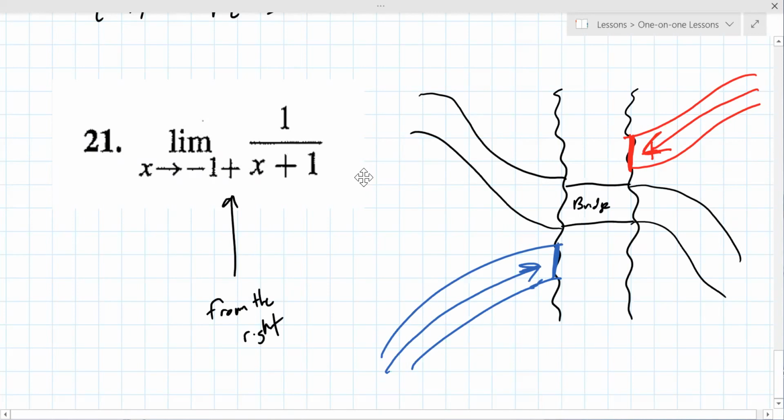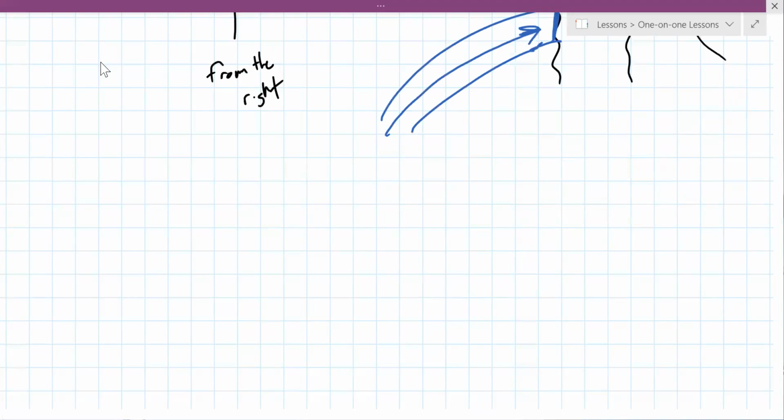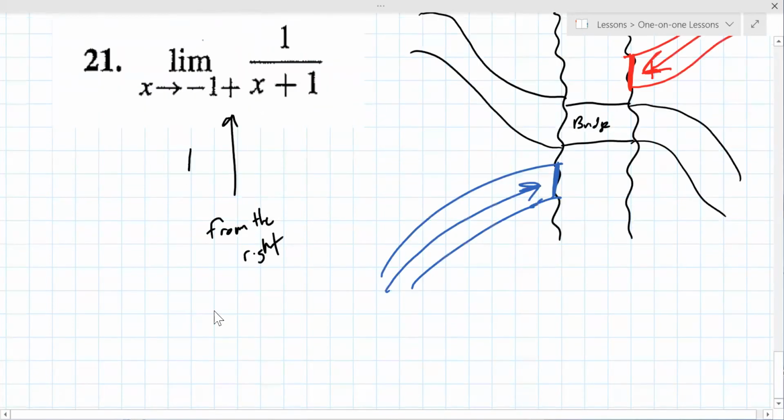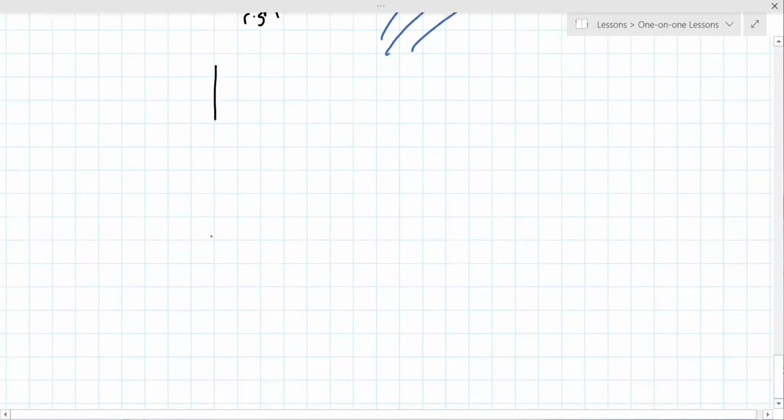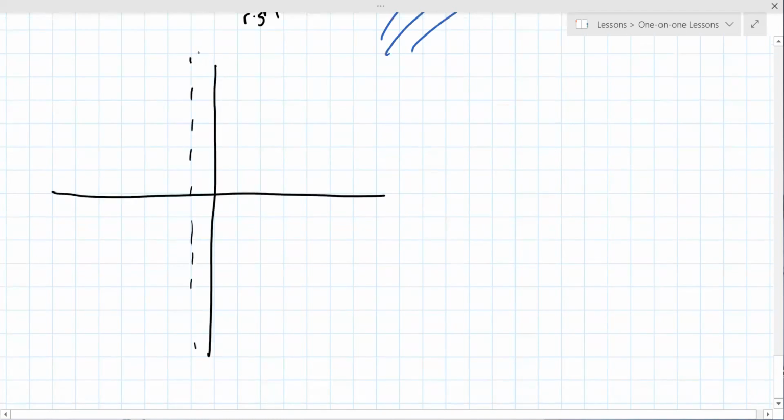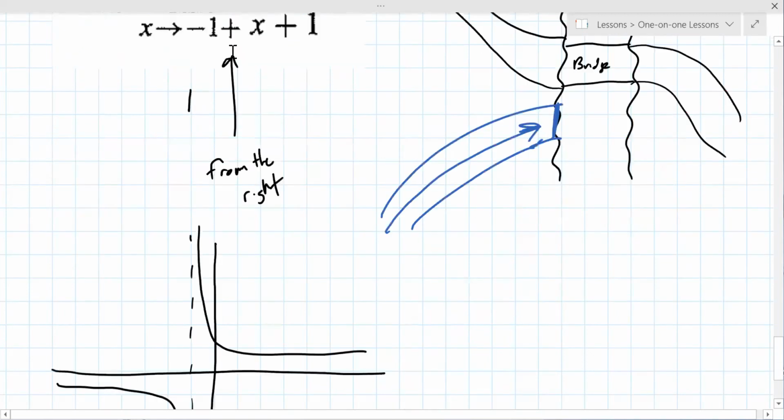So in this particular one, the graph of 1 over x plus 1, we have to look at what that actually is. So 1 over x plus 1, there's a vertical asymptote there. Looks like that, and looks like that. Now this is asking at -1 from the right.